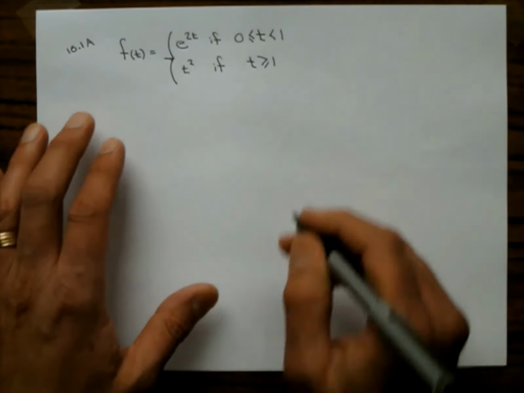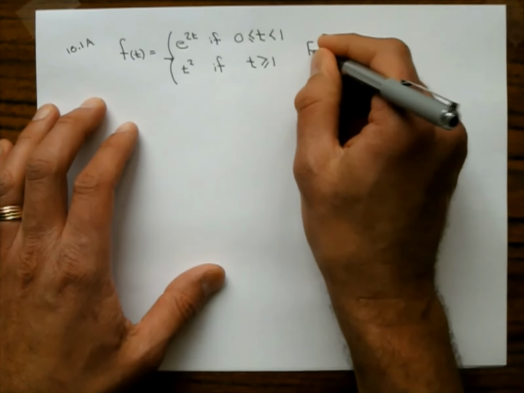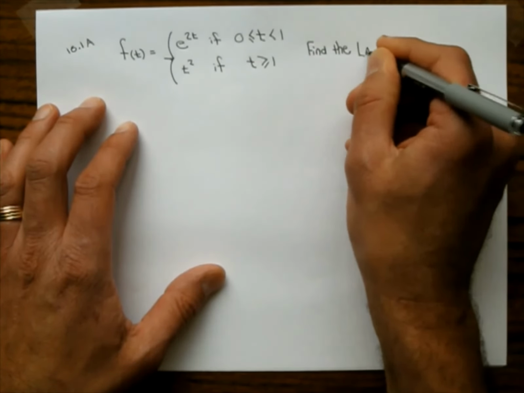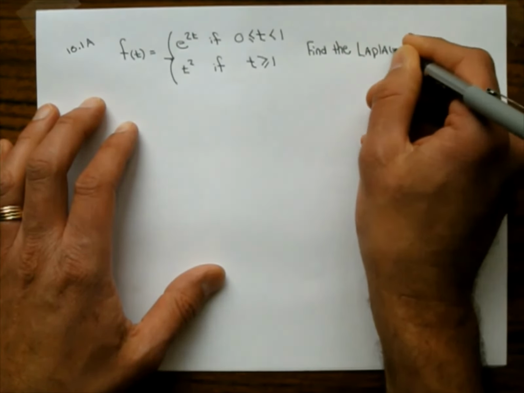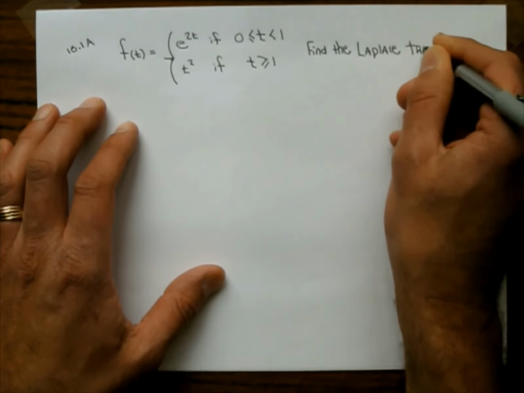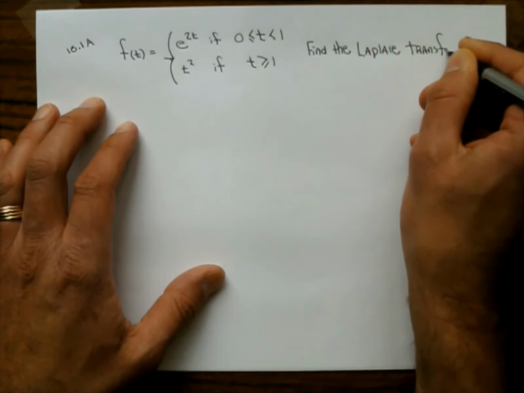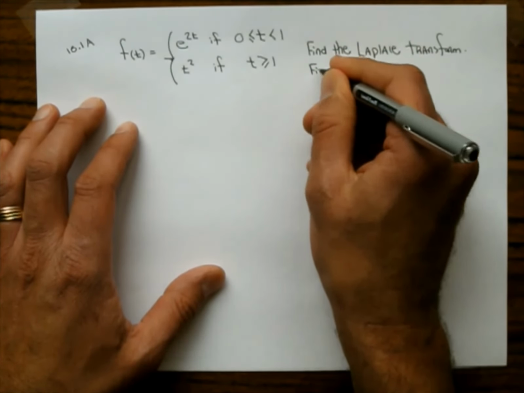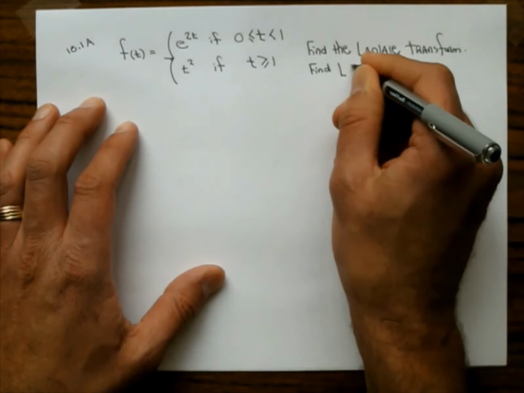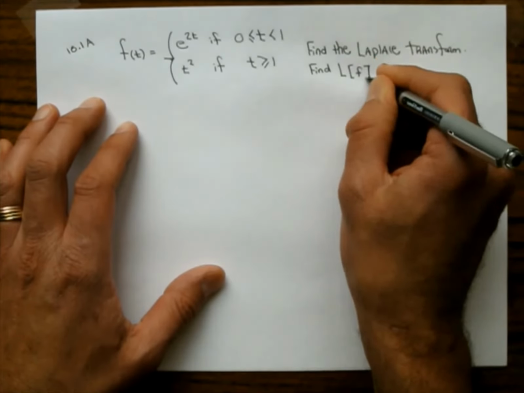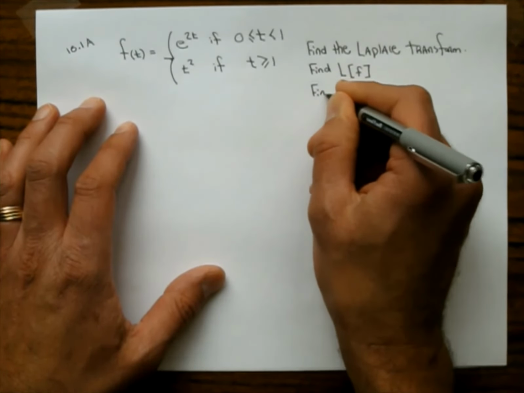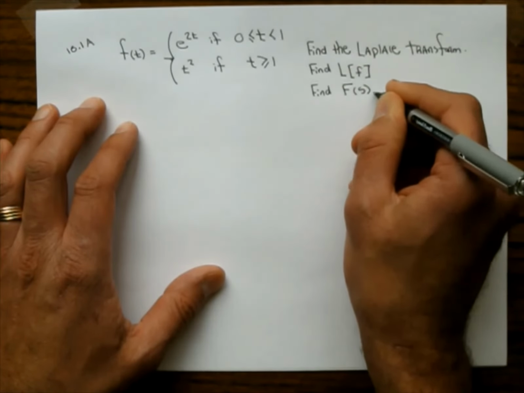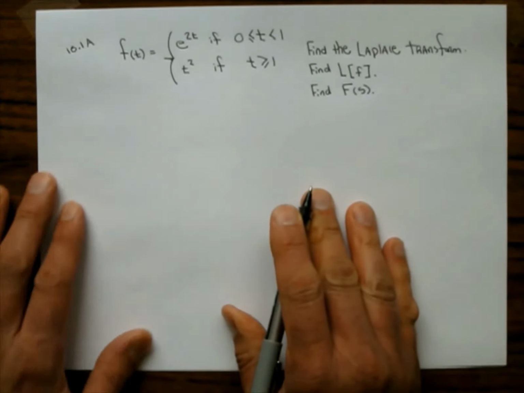And what I'm asking you to find is the Laplace transform. Another way of saying that is to find L of f. And another way of saying that is to find capital F of s. Okay? And there we have it.